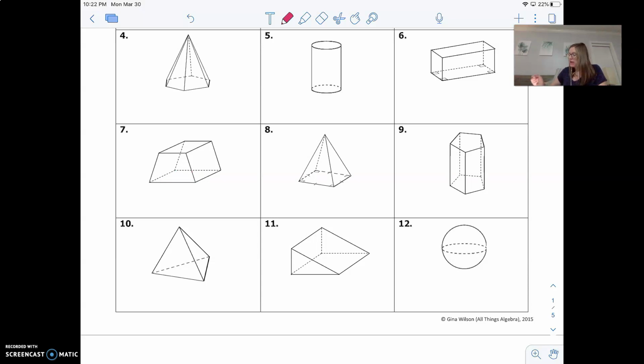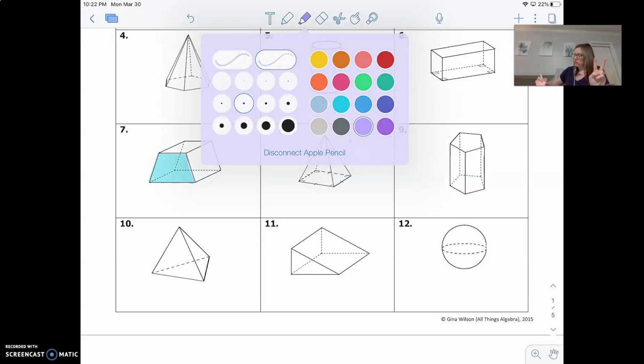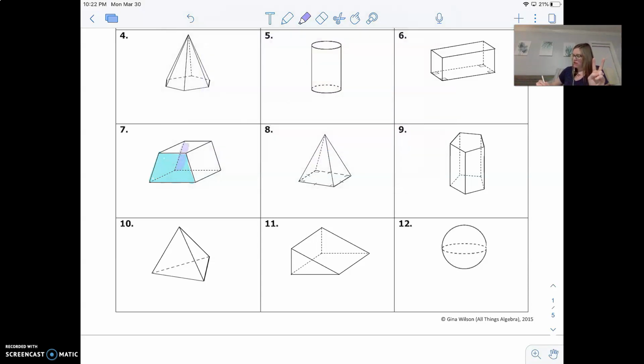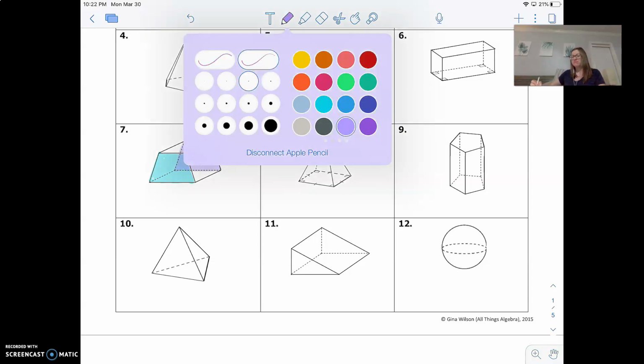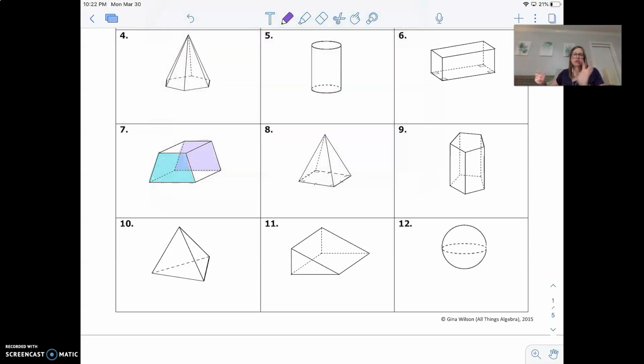The bases, because there are 2 of them in prisms, are this one here and this one back here. Those are my bases. And if you mess that part up, then the whole formula is going to be wrong when we get to the formula part.